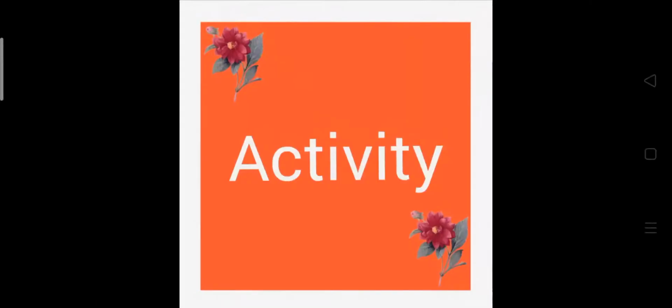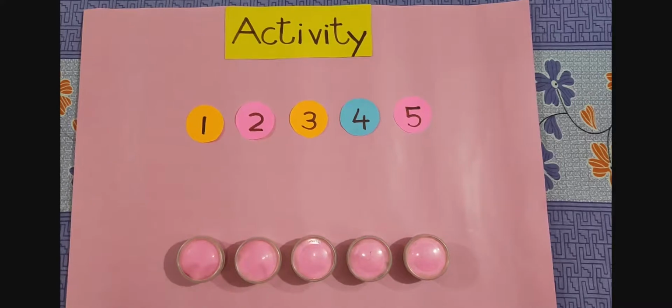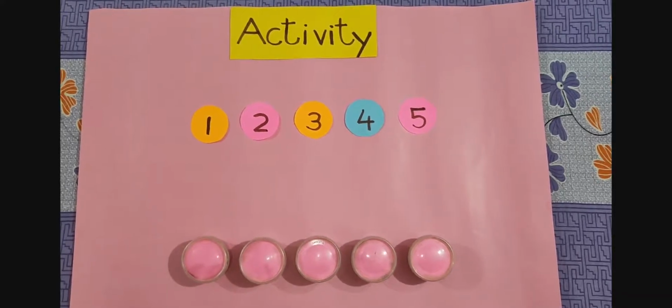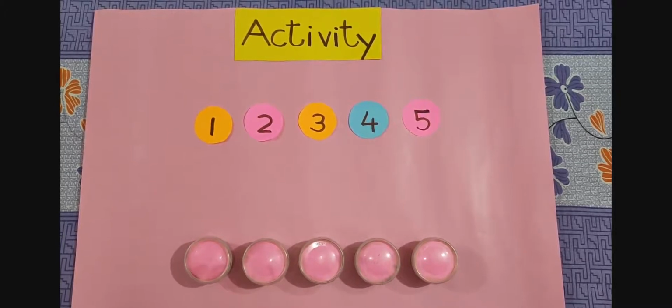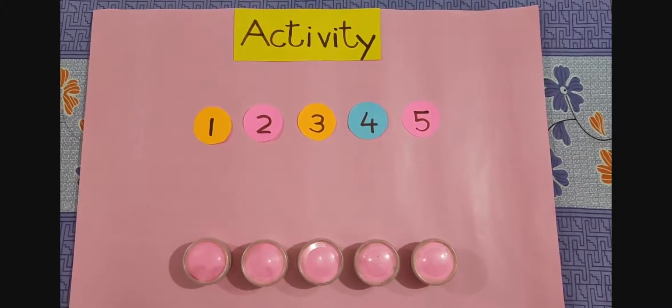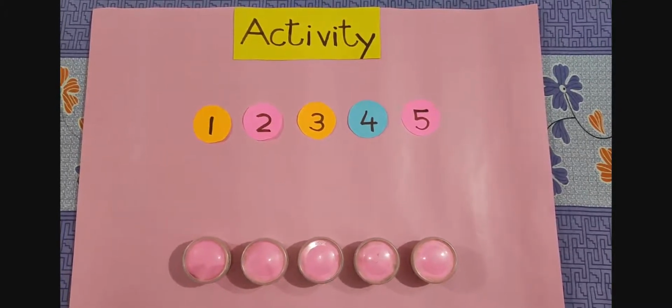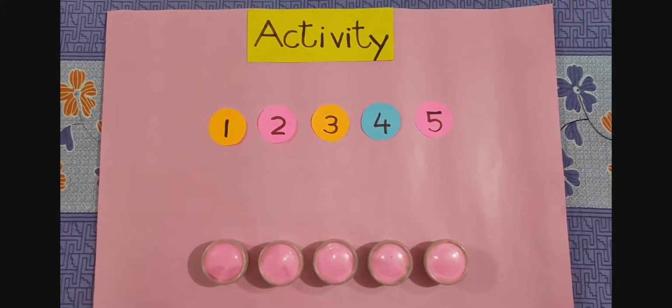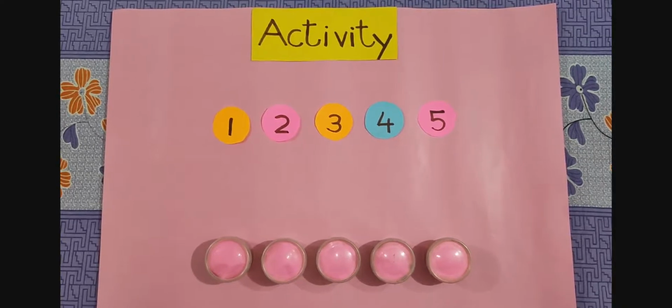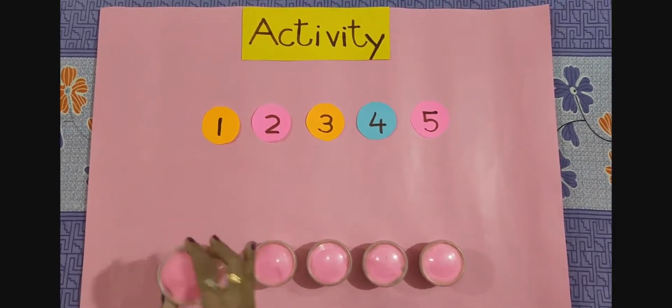Now it's time for activity. Today we will do an activity related to sense of hearing. Here I have 5 boxes with different sounds. Some boxes have loud sound and some boxes have soft sound. Let's hear all the sounds.